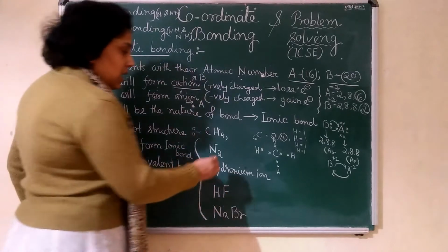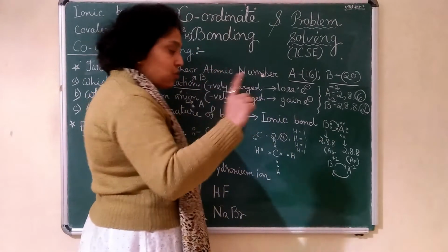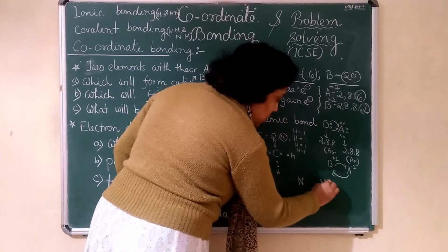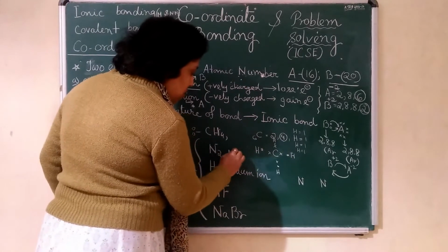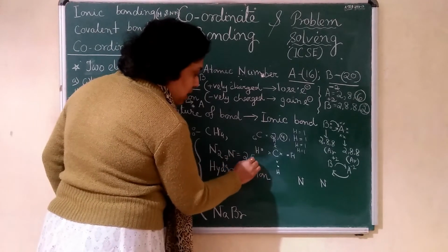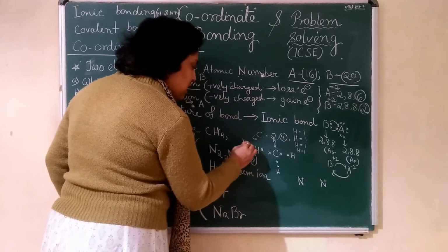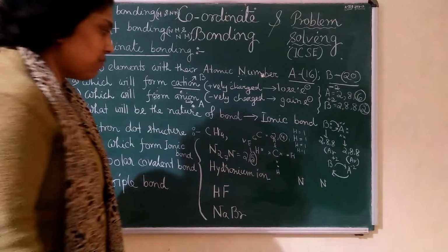Okay. Next one is N2. Nitrogen, see, same atom 2 times. So nitrogen, nitrogen. Now you have to write the electrons. What is the atomic number of nitrogen? 7. What is the configuration? 2, 5. So 5 is the valence electron. So in both cases 5, 5 valence electrons, dots you have to give.